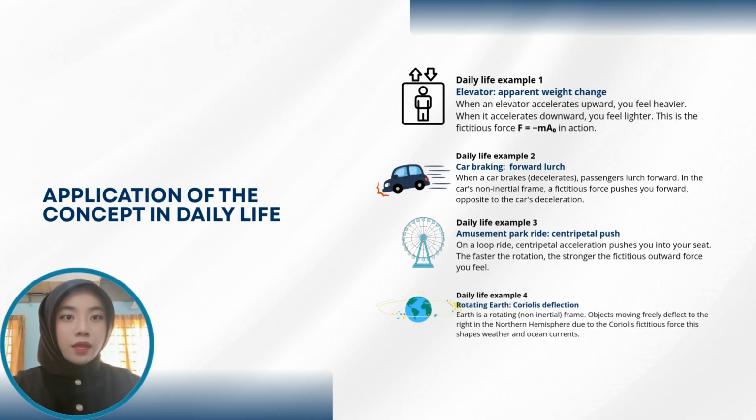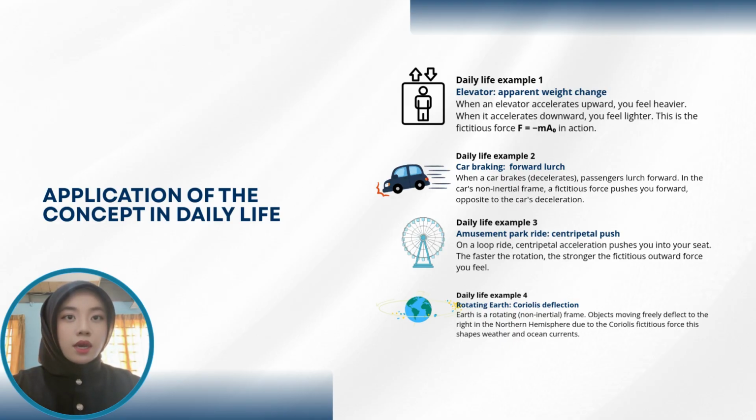Example 1. Elevator. The first example is an elevator. When the elevator accelerates upward, we feel heavier, and when it accelerates downward, we feel lighter. This happens because the acceleration changes the normal force acting on our body, causing our apparent weight to change even though our actual mass remains the same.